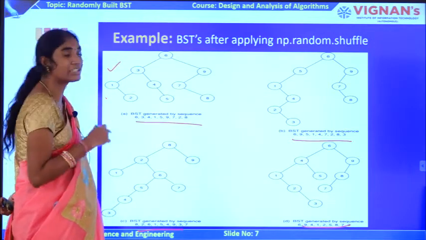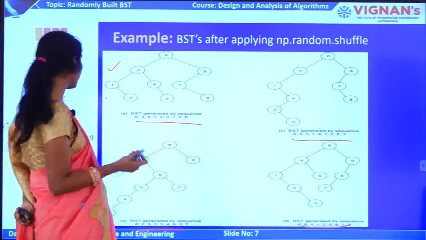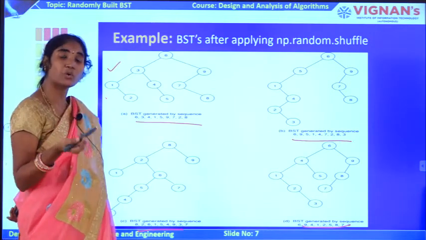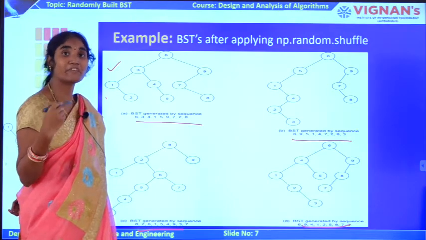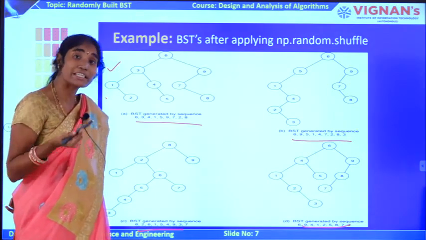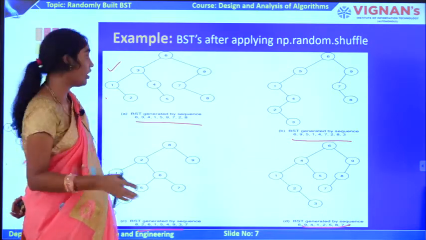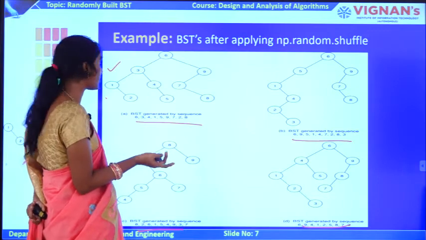Likewise, I am having different sequences for each and every given sequence. For example, here I am having 9 elements, so there are 9 factorial permutations, and that many sequences I can have, right? Out of 9 factorial, I am showing you only 4. So if I take these 4 combinations, what happens here?